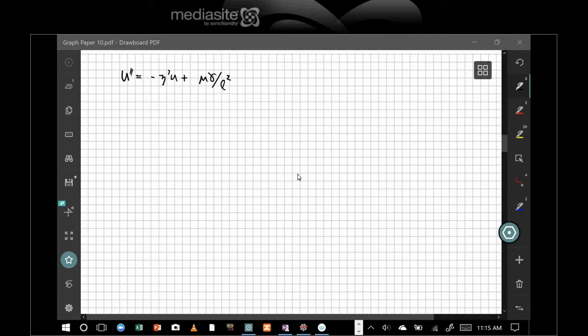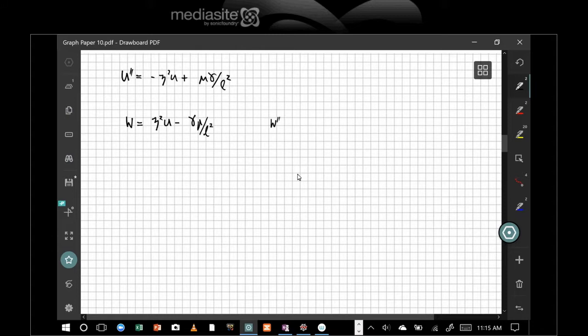Okay, so this is my differential equation here. It looks like simple harmonic motion with a constant. To solve it, I just want to rewrite it in the form of simple harmonic motion. I'm going to define w as eta squared u minus gamma mu L squared.